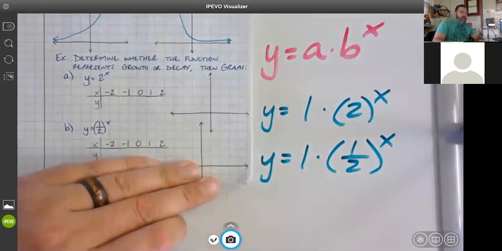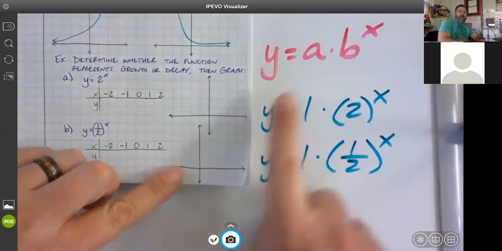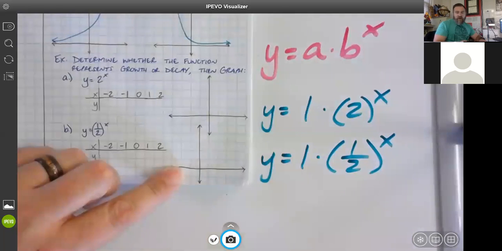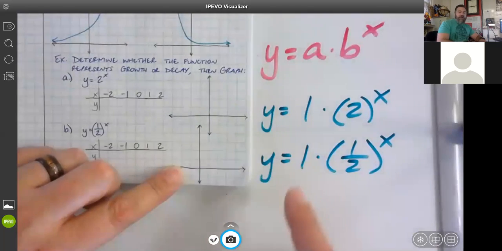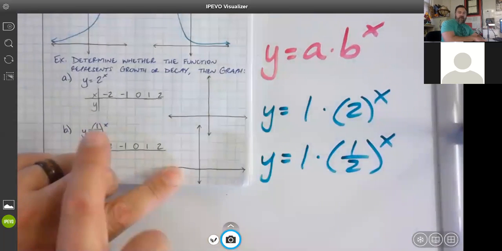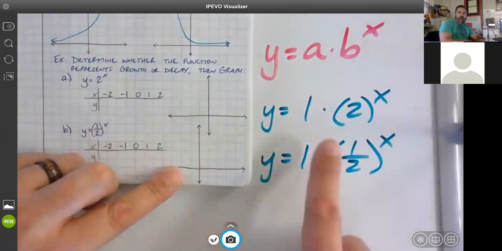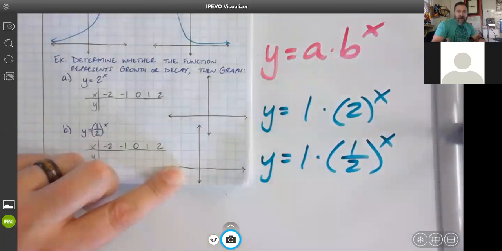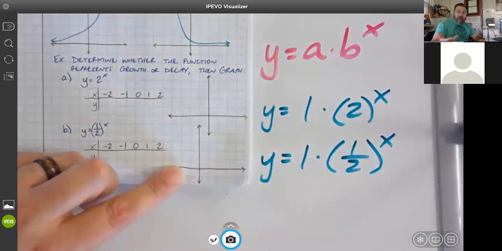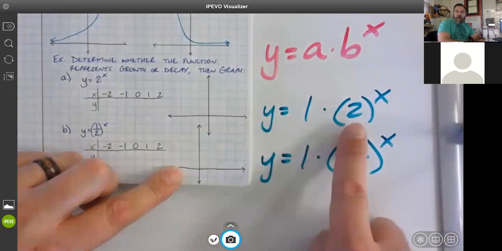Okay, and that's fine. But I wanted to make sure I illustrated this because we're going to come to a problem in just a second where we have to be able to identify what value is here or plug in a value. So technically in both these cases, that a value, that starting amount, is there. It's just that it's starting at 1, whatever that 1 may represent. Could be money, maybe it's $1. And then my constant multiplier in this case would be 2.